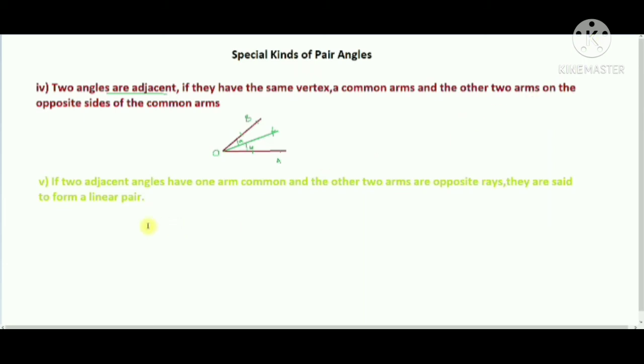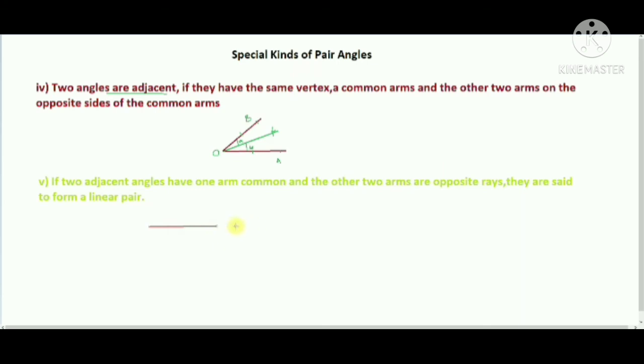Now the next topic is linear pair. So if two adjacent angles have one common arm and the other two arms are opposite rays, they are said to form a linear pair. So see, suppose this is a ray, this is a ray, and this is a point.